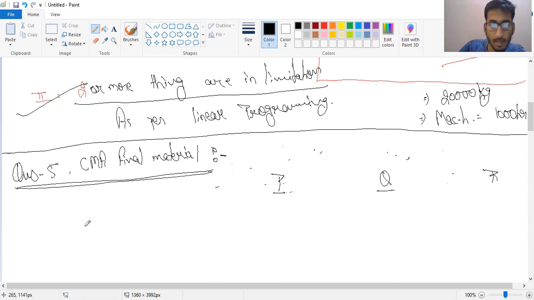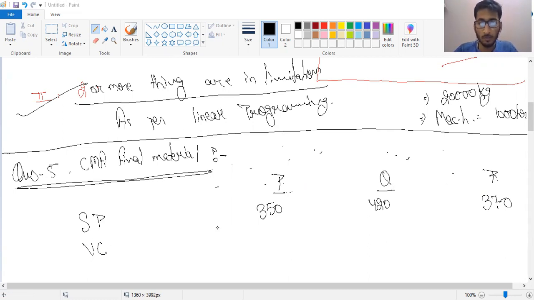So basically, selling price is given, which is 350, 420, and 370. Variable cost is given to us, which is, I can say, 100. No, not 100, 200. Total variable cost I'm seeing 200.